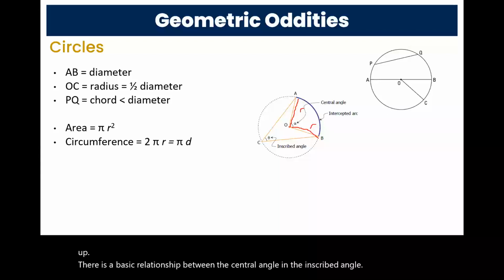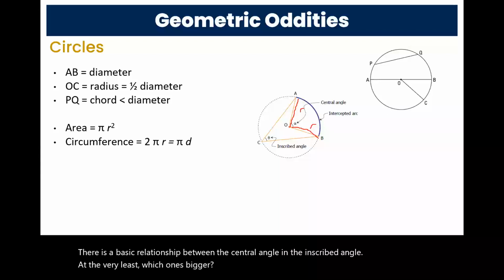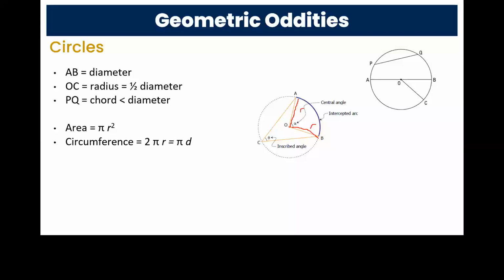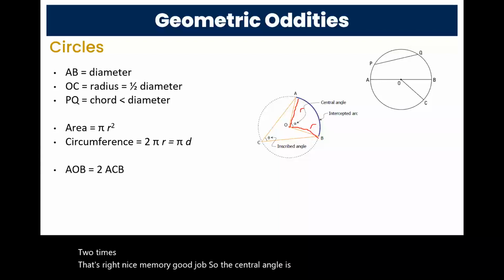At the very least, which one's bigger? The central angle's bigger by how much? Exactly 2 times. That's right. Nice memory. Good job. So the central angle is twice as large as the inscribed angle.